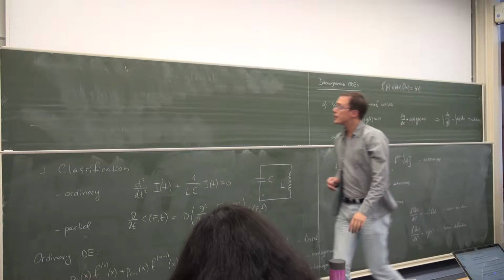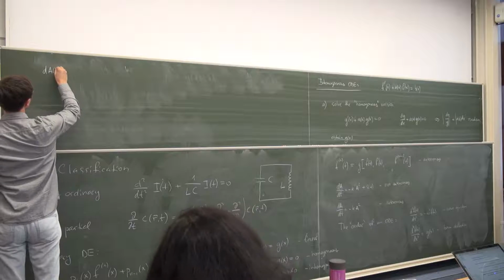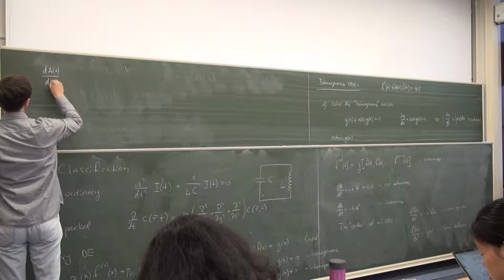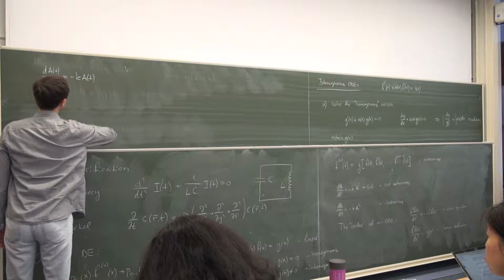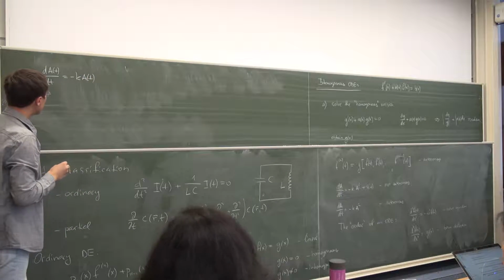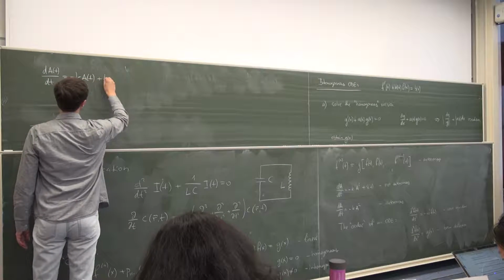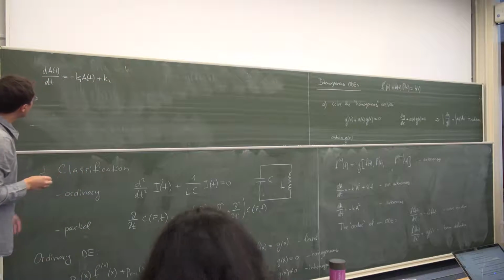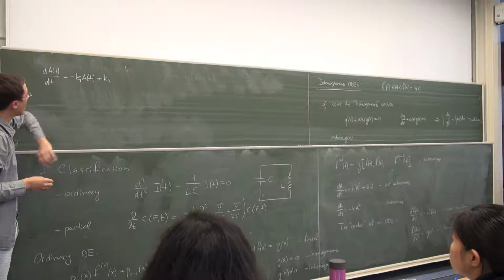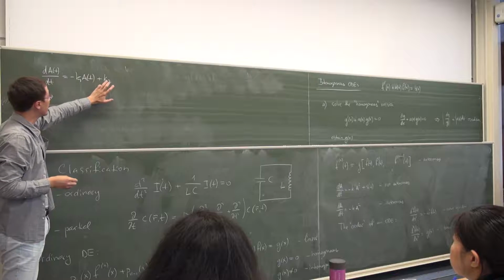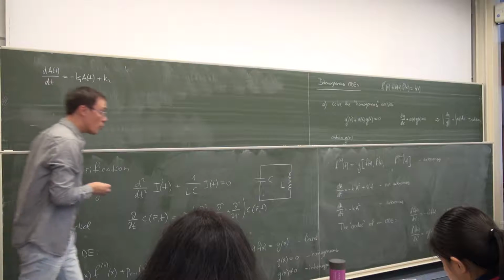Okay, so first order chemical kinetics. dA of t by dt minus k1 A of t, with the difference that there's an extra constant in here, plus k2. So the substance is reacting at the rate k1, but also it is being added into the system at a constant rate k2.